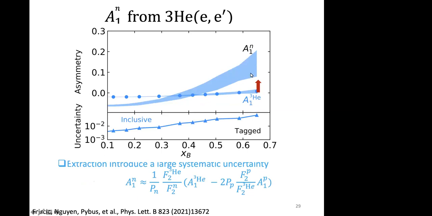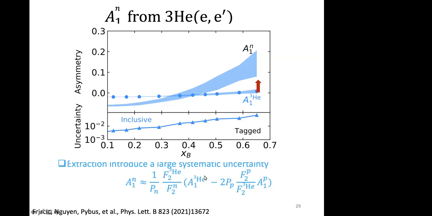Next, I'm showing you the extraction of A1N from A1 helium-3. This blue band here is the extracted A1N from A1 helium-3. The error bar of this extracted A1N includes the statistical uncertainty of helium-3 and also all the systematic uncertainty of the input models in the extraction. So it is a combination of two types of uncertainty.